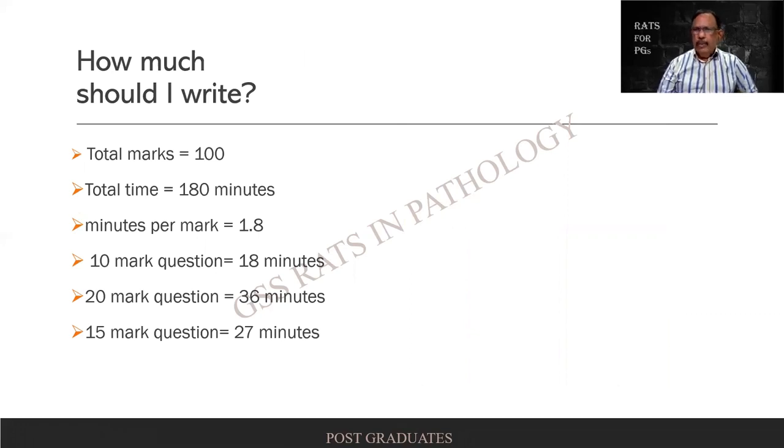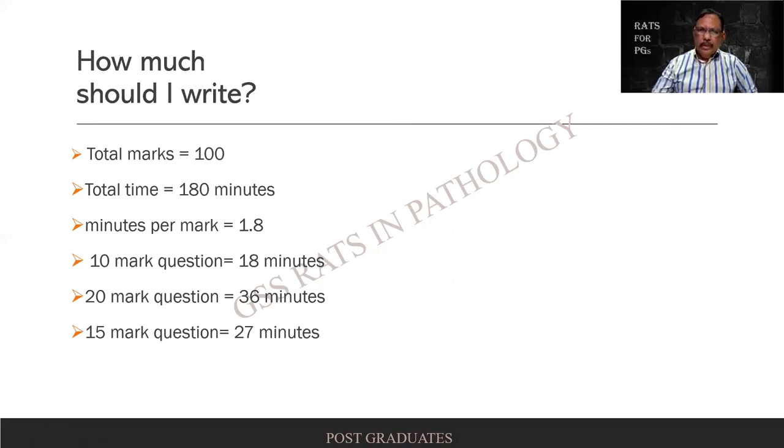Again, a question for you people. How much should I write? How do you people calculate this? I've done a little bit of calculation for you people. The total marks per paper is 100, and you are given a time of 3 hours. That is 180 minutes.